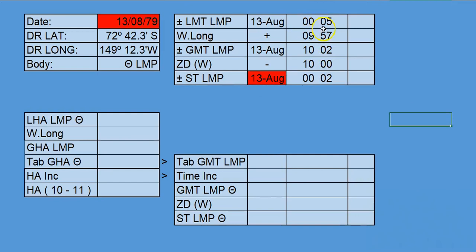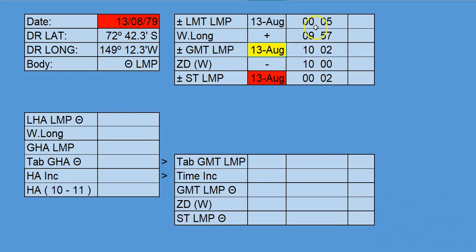Now, with none of these additions or subtractions, the date actually changed. So that's perfectly fine. That means we ended on the 13th of August, and like we said, we want those two dates to be in correlation. Those two dates must always be the same. This one over here I will highlight in yellow, because if we're calculating anything regarding hour angles, especially Greenwich hour angles, it's very important that we use the same date as it was at Greenwich.